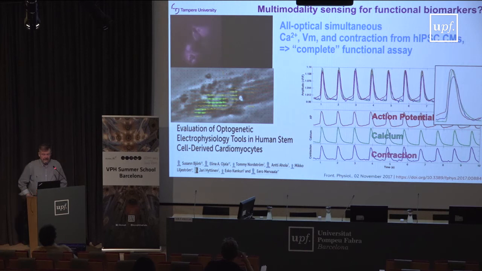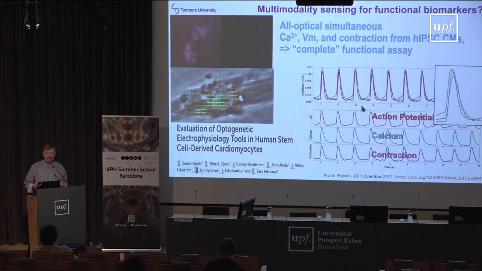And we went further, actually, and there's a lot of optical methods where we can have calcium imaging. Those have been around for a long time, and now you can have the calcium indicators coded in the gene. But there are also other indicators that you can use, and you can have all these voltage-sensitive dyes, for example. And this is one paper where we show that you can actually have all three simultaneously.